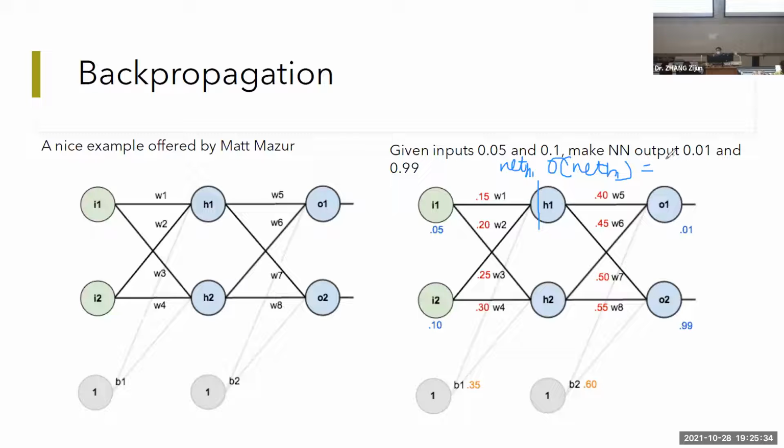Then it will be equal to the output, the out H1, okay? So the net H1 is here, at this point, and the out H1 is here, at this point, okay? Hope my writing is clear.